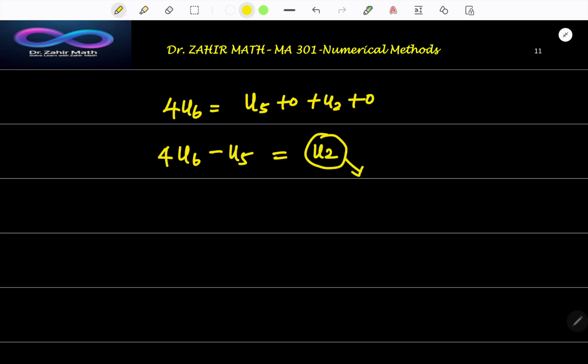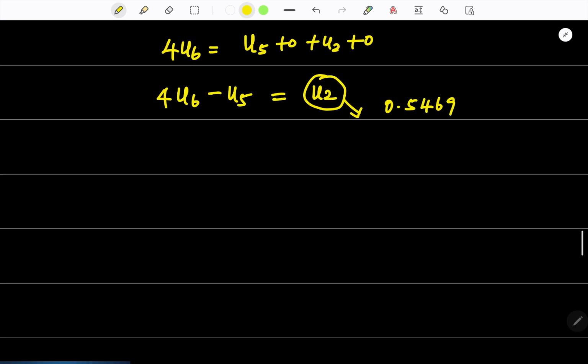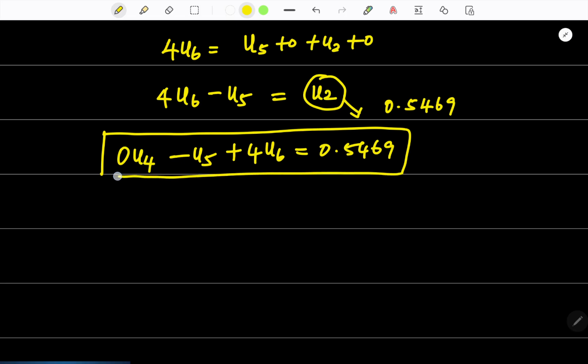The u2 value from the previous set of values is 0.5469, right? Now write in order u4, u5, u6. So your u4 coefficient is 0: 0 u4 minus u5, order is very important, plus 4 u6 is equal to 0.5469. So I got the next equation.